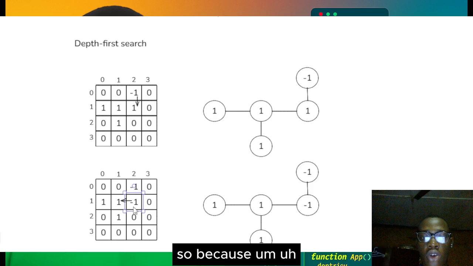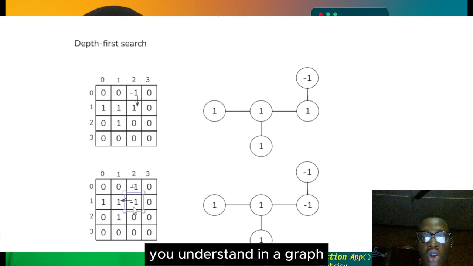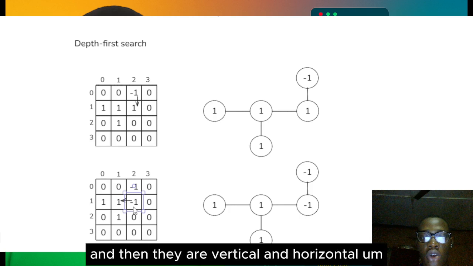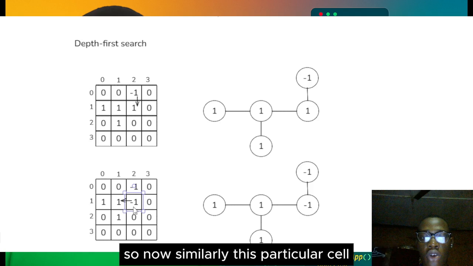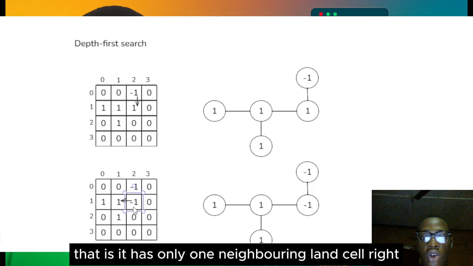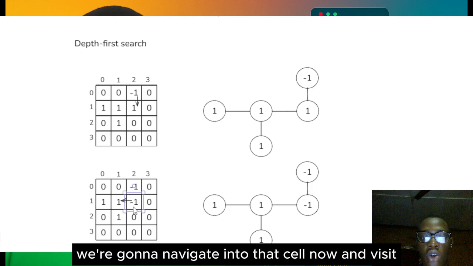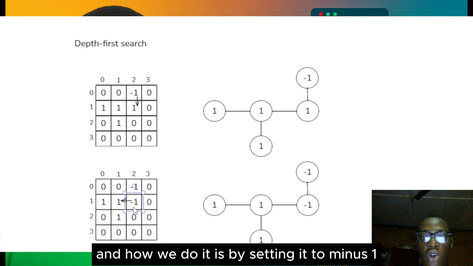Because these cells actually behave like nodes in a graph, and their vertical and horizontal neighbors act as connections. So now similarly, this particular cell has only one neighboring land cell, right? So I'm gonna navigate into that cell, visit it and mark it as visited also. And how we do it is by setting it to -1.